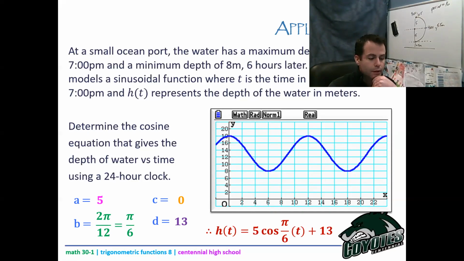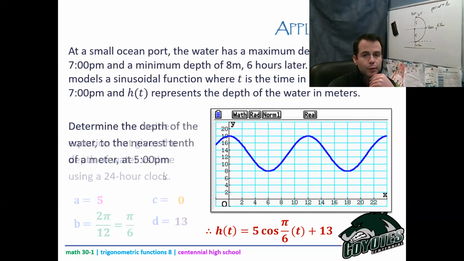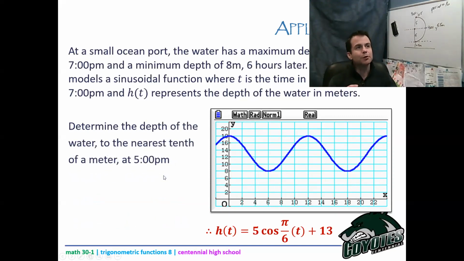Now, we're going to just talk about a couple of questions that go with this. The next one is determine the depth of the water to the nearest tenth of a meter at 5 p.m. So now the trick to this is you have to remember that we based this whole thing on the hours after 7 p.m. So 7 p.m. is time 0 right now. If 7 p.m. is time 0, I have to figure out what 5 p.m. is. There are 2 different ways I could do that.